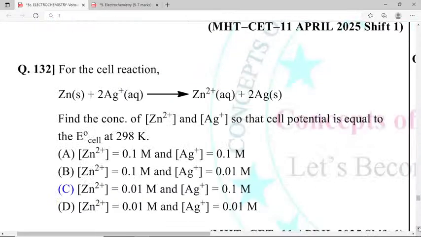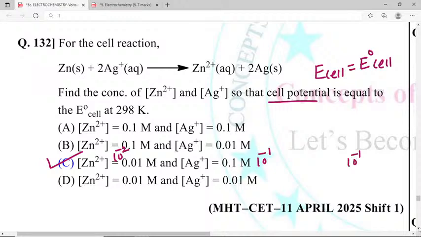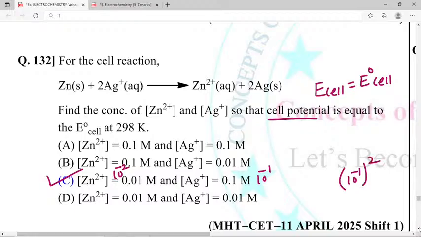So for the cell reaction with Ag 2 plus concentration, the cell potential E cell is equal to E naught cell. This is your condition actually. Solve this question. Zn2 plus is taken as 10 to power minus 2, and this is 10 to power minus 1. 10 to power minus 1 squared is 10 to power minus 2, so the concentrations are equal. Use the Nernst equation here, remember. If the concentrations are equal, E cell equals E naught cell.